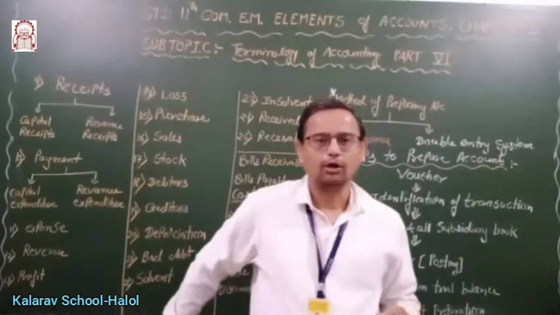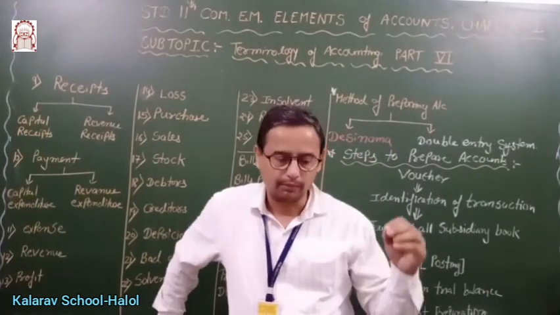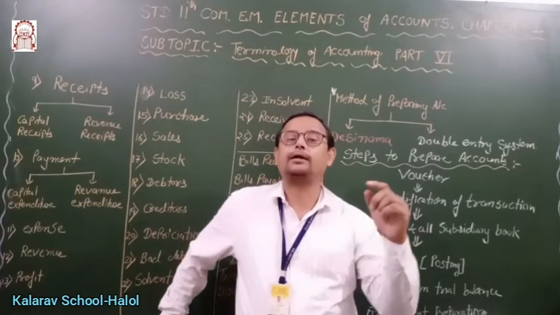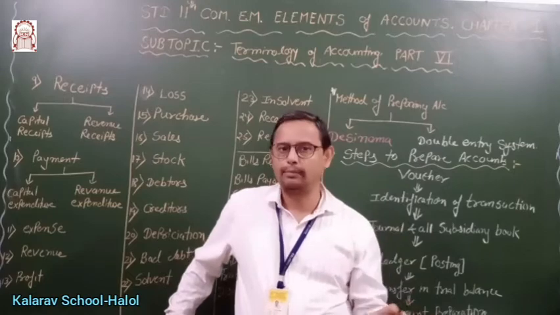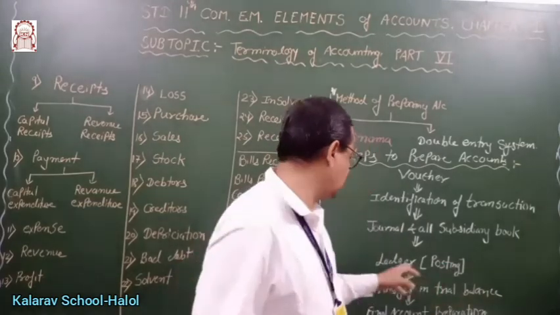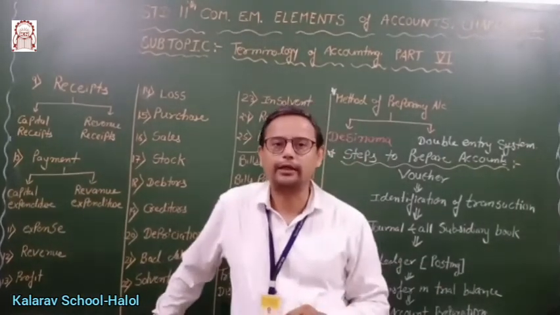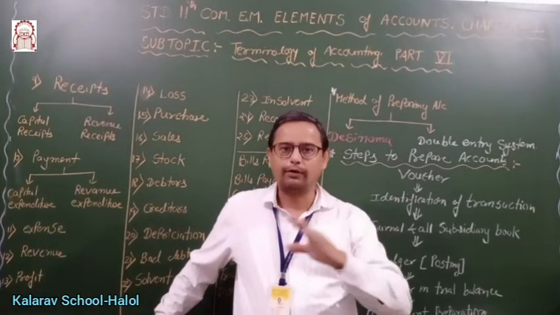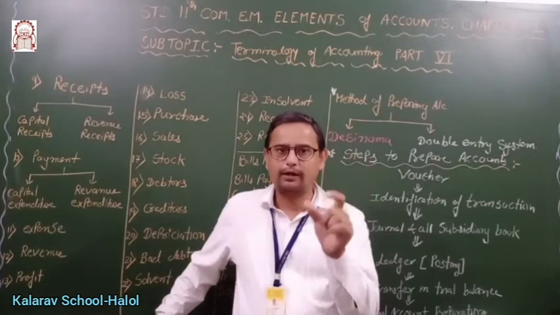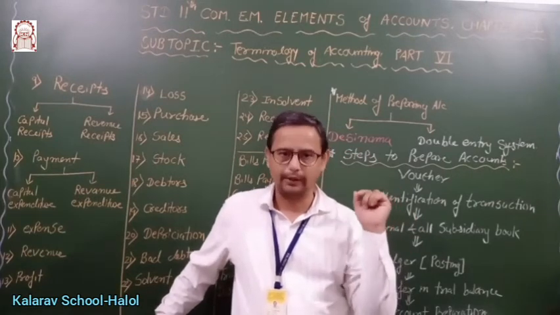After the journal, whatever transactions you have written in the journal, you have to transfer into one more permanent book, and that permanent book is called the ledger. In Gujarati it is called the khata bhai. Is it clear? And in the ledger, whatever parties you have, you have to open different ledger accounts.